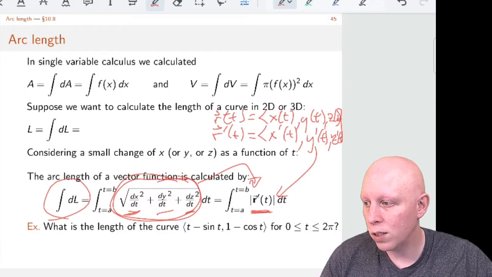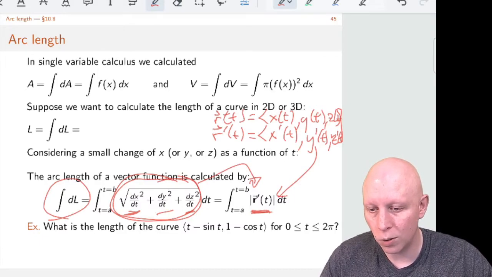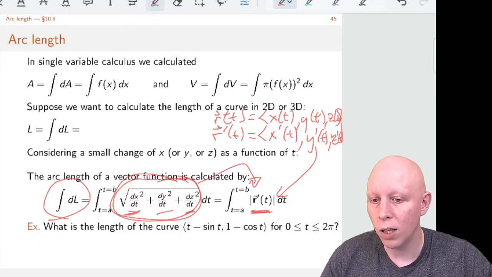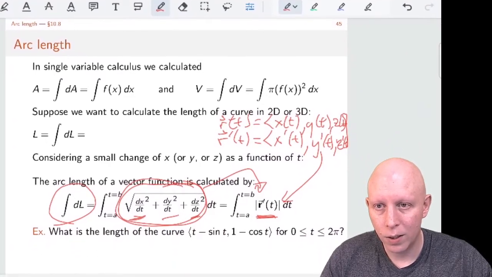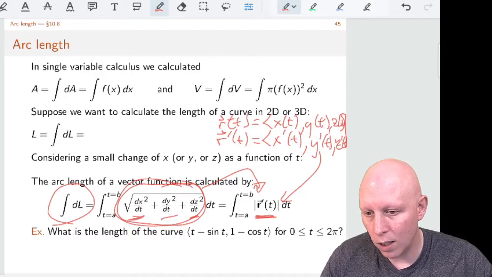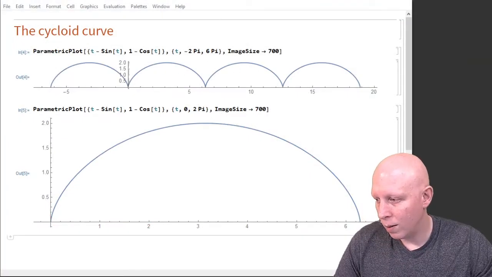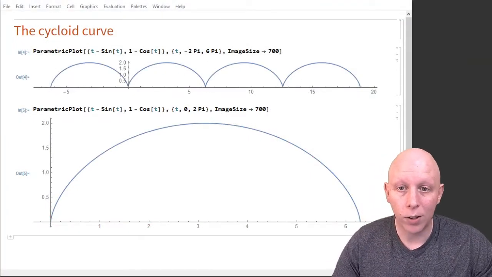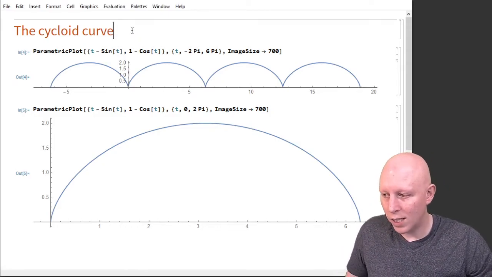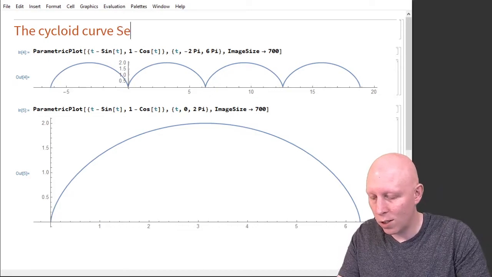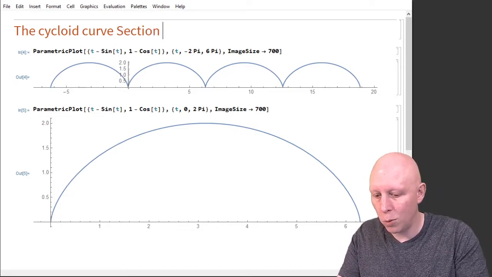All right, so let me switch over to see what this curve looks like. This is an example of a cycloid curve. If you want to read more about this curve, it's in section 9.2 of the book.